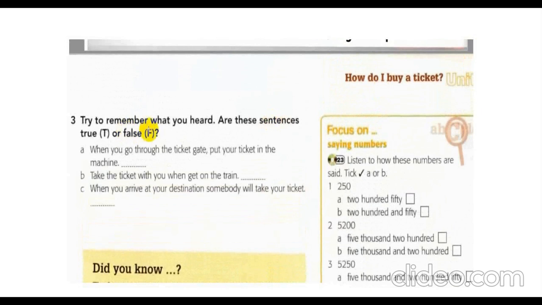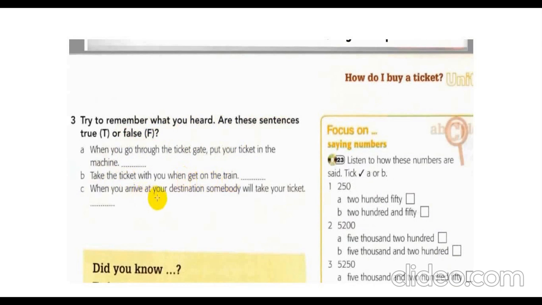Now, try to remember what you hear. Are these sentences true or false? When you go through the ticket gate, put your ticket in the machine. Take the ticket with you when you get on the train.